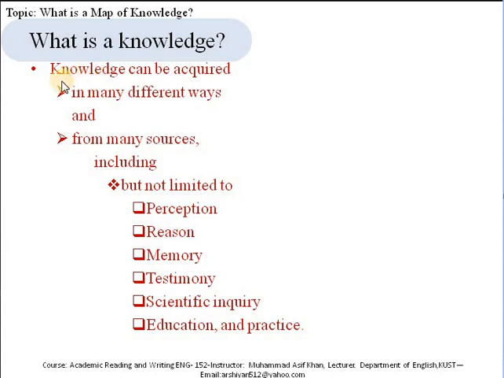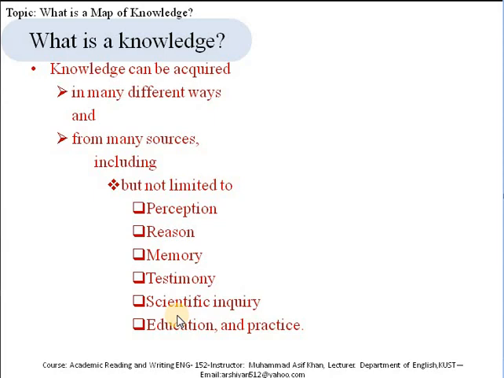So again, it is an awareness and familiarity or understanding of someone or something through these very sources which I have listed here. For example, you use your perceptions about something, or you are using the source of reason, or your memory or testimony, or you are doing scientific inquiry, or you are trying to educate someone or get education about something.